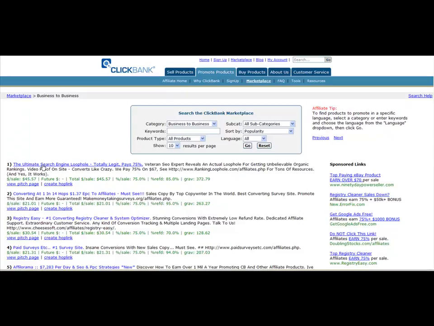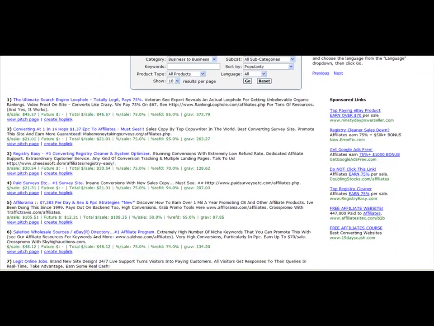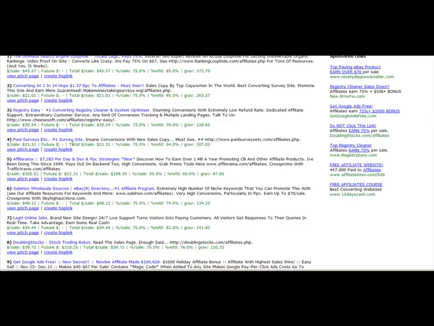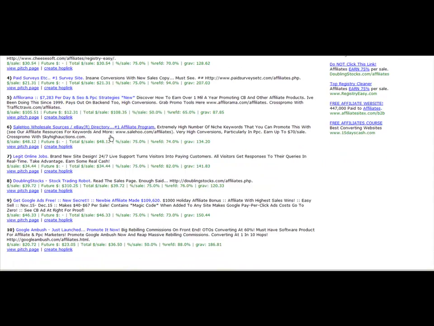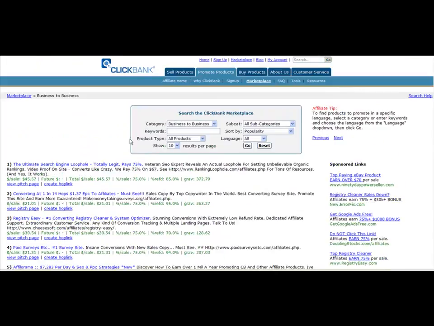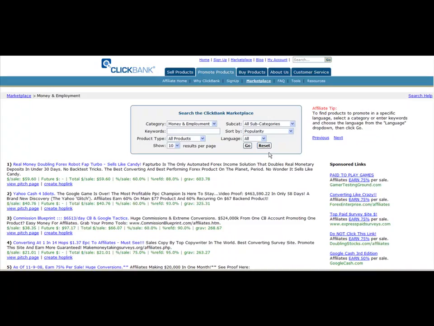And we could look for, what's going on here at business to business. Keep in mind, people are wanting to know how to make extra money nowadays. So that's something to keep in mind. So if you find a product that people can make money from, that would be a very popular niche. So we'll see what money and employment has to offer.